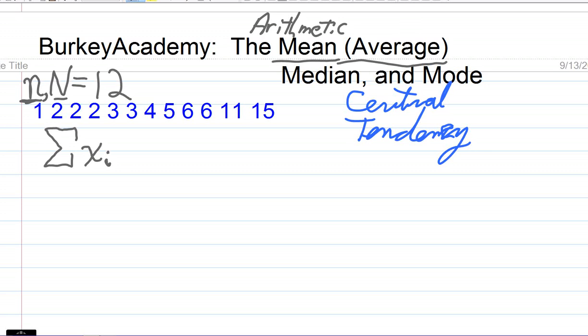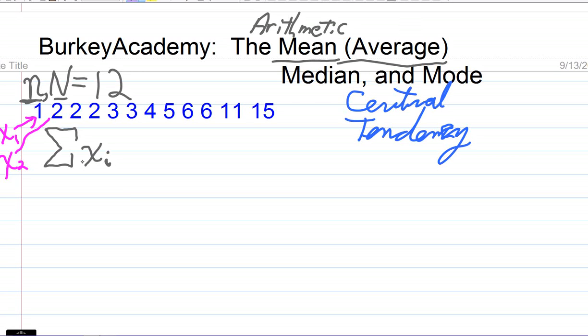Now what in the world does that mean? What we're saying here, this is shorthand for add up all of the x_i's. What's an x_i, you might wonder? Well, let me tell you more explicitly here. This number 1 in the data set, we would say, is our first number in our data set, x1. This number would be our second number in our data set, x2. And this would be x3, x4, x5, x6.